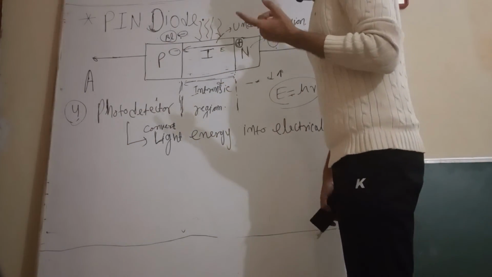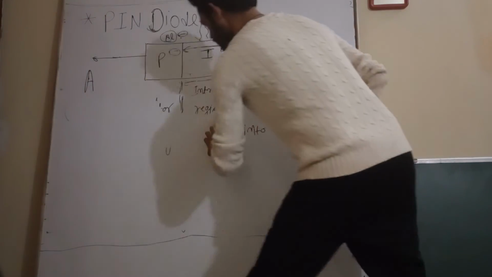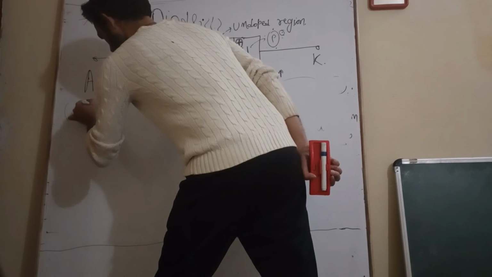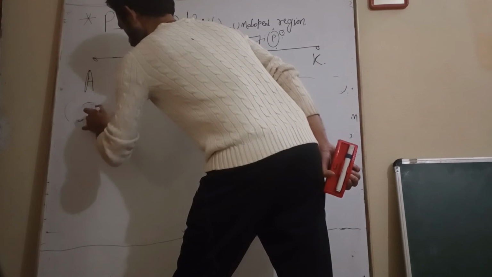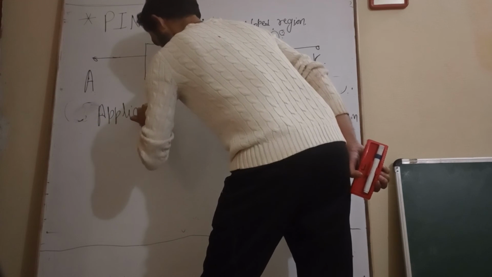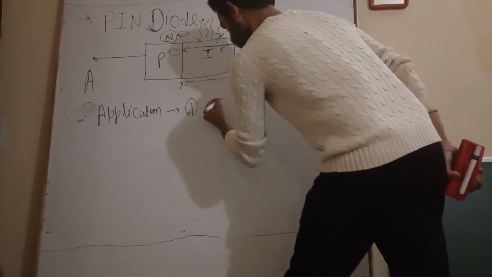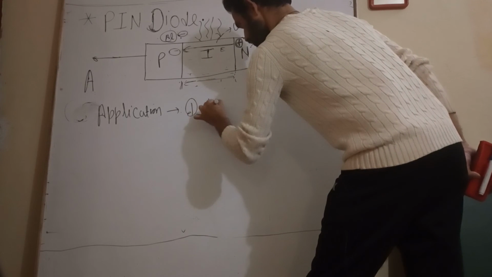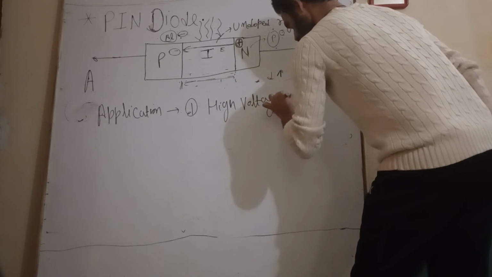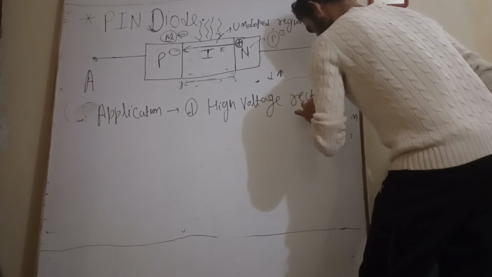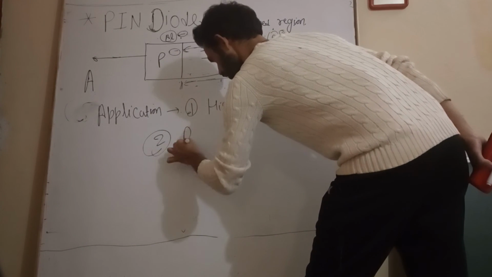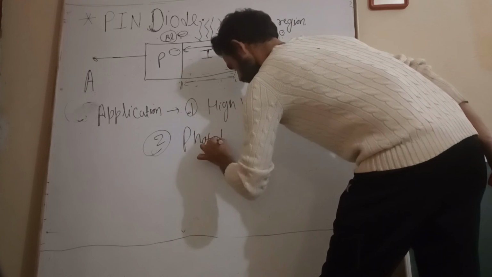Now the main applications of this PIN diode. First, it is used as a high voltage rectifier. Second, as a photodetector.